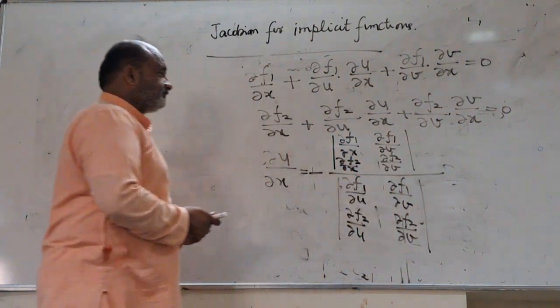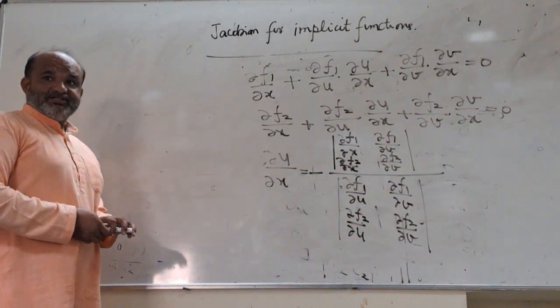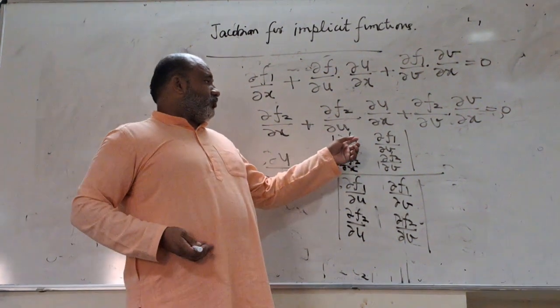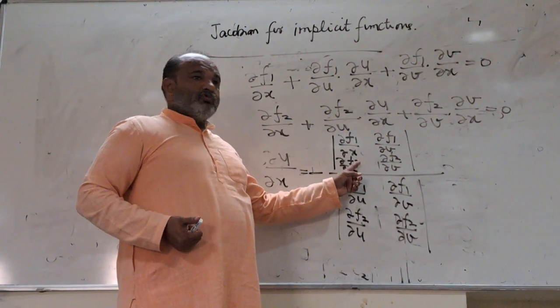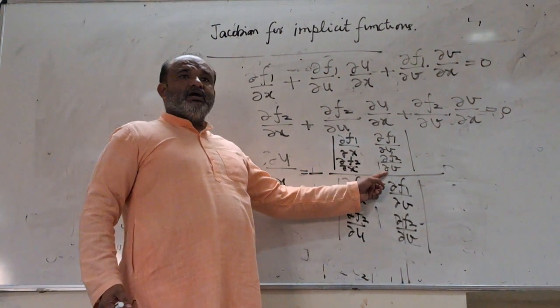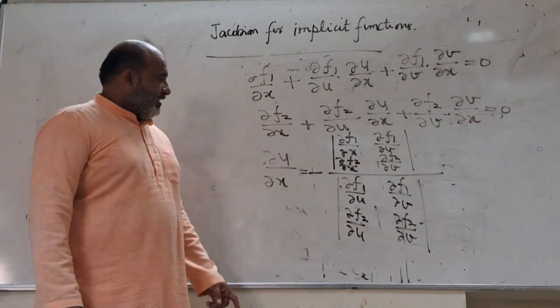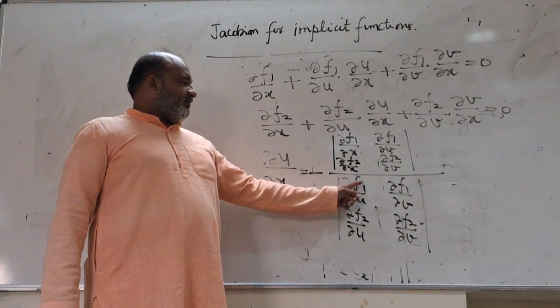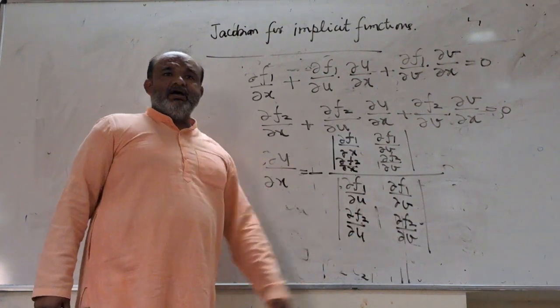Is it clear? Now what is this? This is the Jacobian of f1 and f2 with respect to x and v. And what is this? This is the Jacobian of f1 and f2 with respect to u and v.